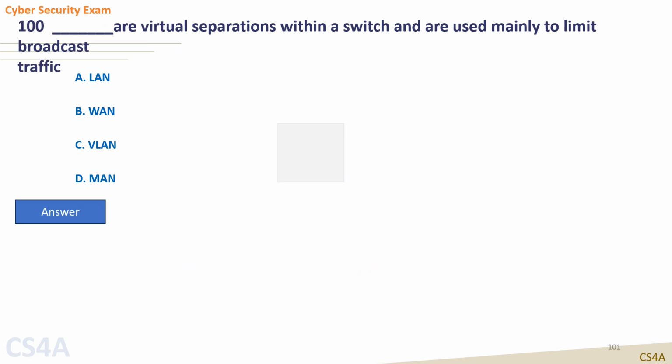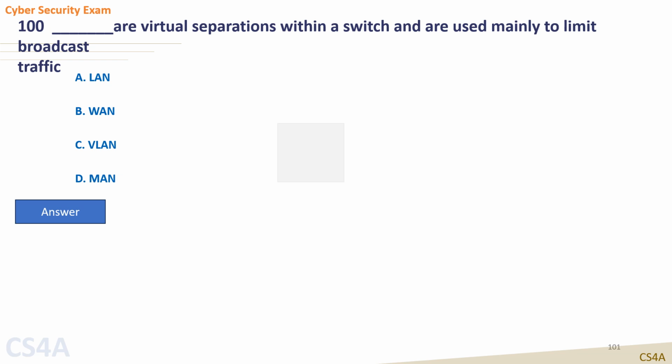So here the question is: what are virtual separations within a switch and are used mainly to limit broadcast domain? So here the keyword is virtual separation. LAN, WAN, and MAN are not going to create any virtual separation and it won't limit the broadcast traffic. So the answer is VLAN is the correct answer.